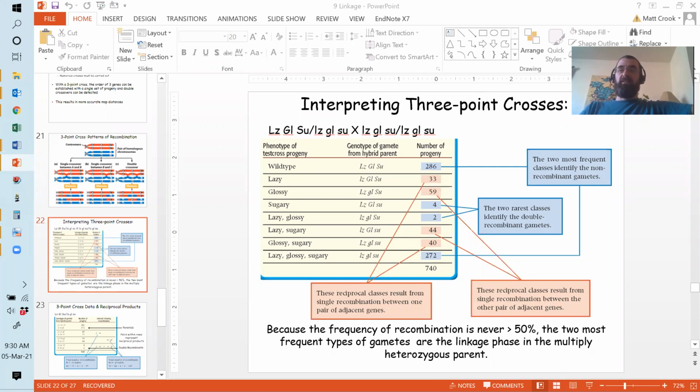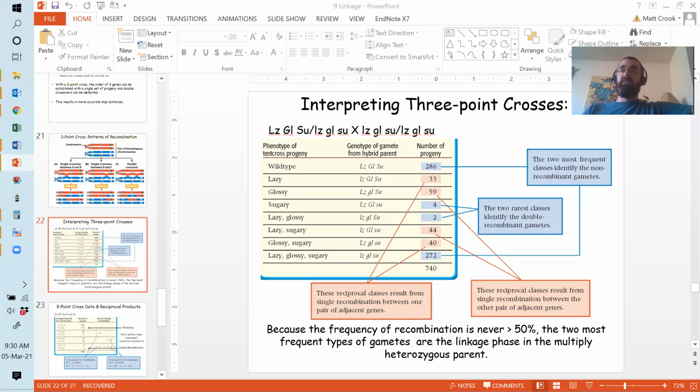Okay, so the one that moves is always the one that's in the middle when you're looking at double recombinants. That's the very first thing you've got to work out. Otherwise, your whole map will be wrong, even if the distances are correct. Actually, the distances won't make sense either.